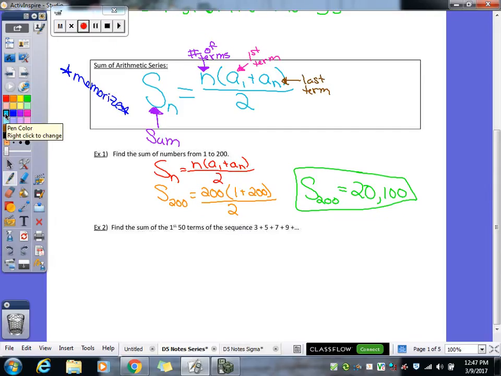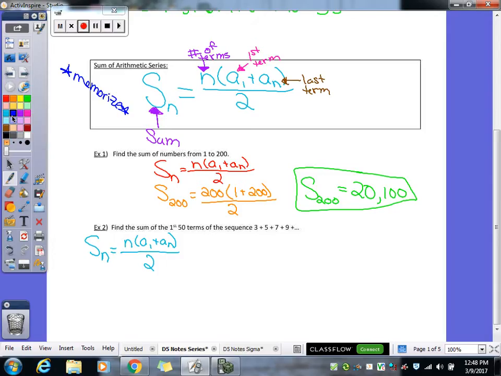So our next one: find the sum of the first 50 terms of the sequence 3, 5, 7, 9. Again, I'm going to start off by writing my sum formula to help us remember it. We're trying to find the sum of the first 50 terms.